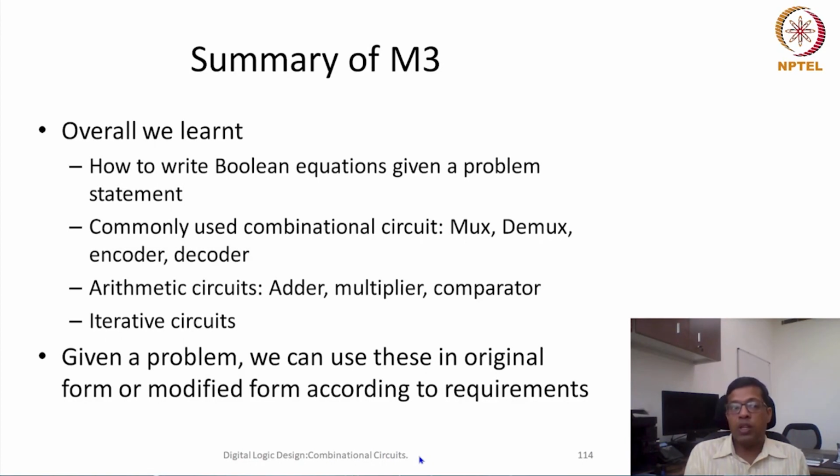That is also fine, but with all these techniques in your arsenal, you can find out how to design a new concept or a new system which has a different functionality. Okay, so with this end of the module, I believe that you should be able to design different kinds of combinational logic with whatever techniques we have learned so far. Thank you very much.